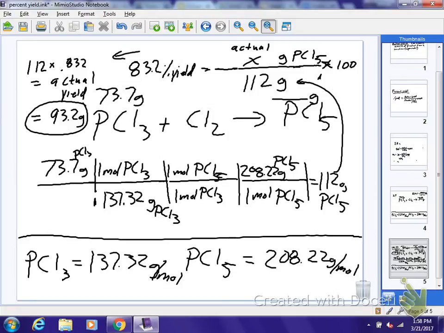Then we multiply 112 times 0.832, and that gives our actual yield. So our actual yield is 93.2. You take the 112 grams of theoretical yield, multiply it by 0.832, and you get the actual yield, which is 93.2.